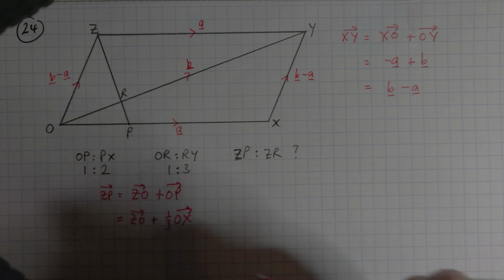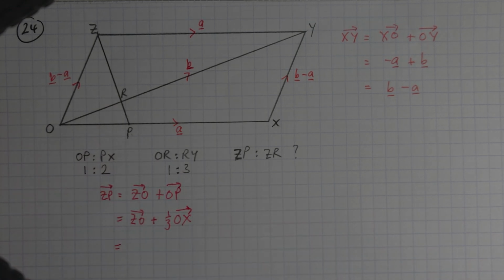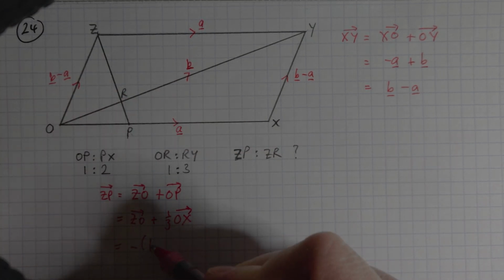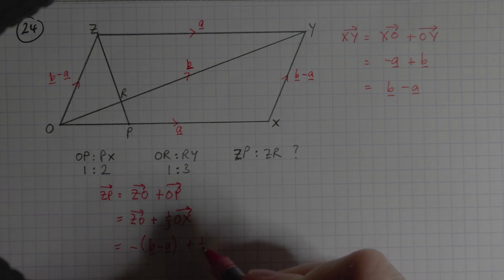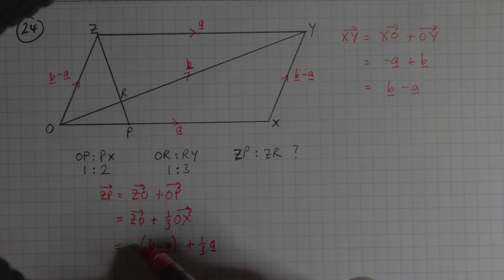And now I've written it like that, I can turn it into little letters because I know ZO is the wrong way along this. So that's minus b minus a. And then plus 1/3 of the OX, which we said at the beginning was little a. If I expand the brackets out, if it helps, there's like an invisible 1 there.